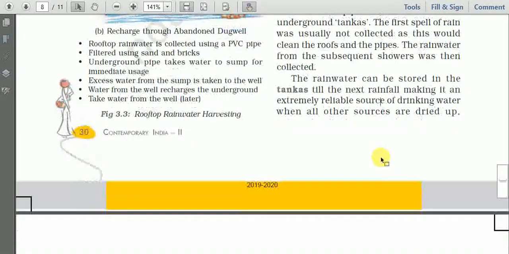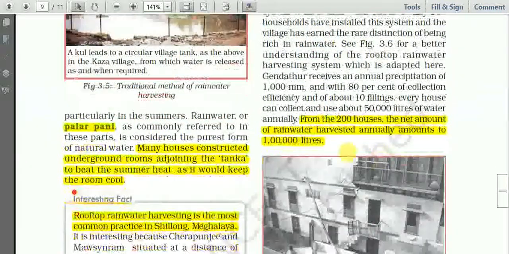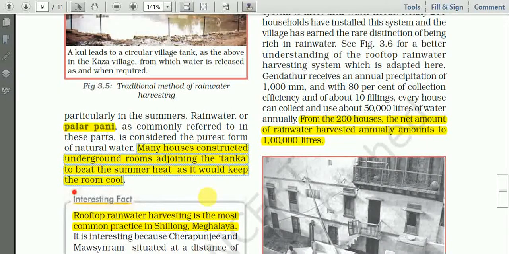And another one is that many houses constructed underground rooms adjoining the tanka to beat the summer heat, as it would keep the room cool.